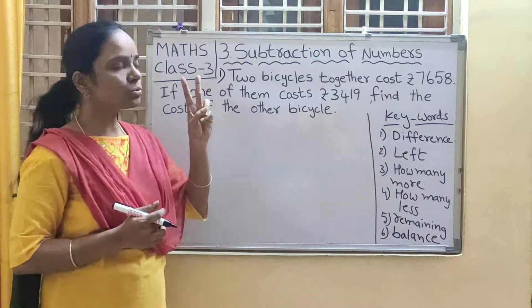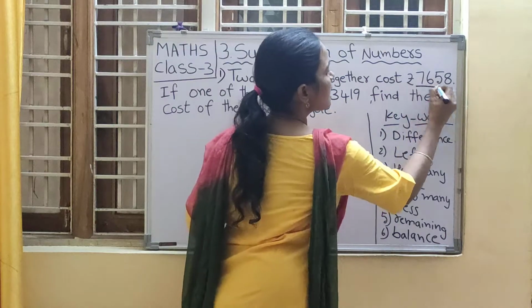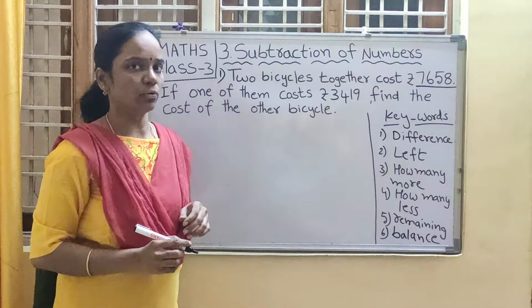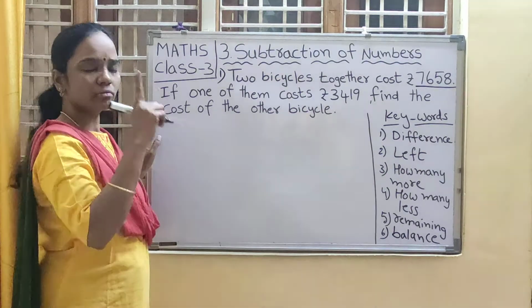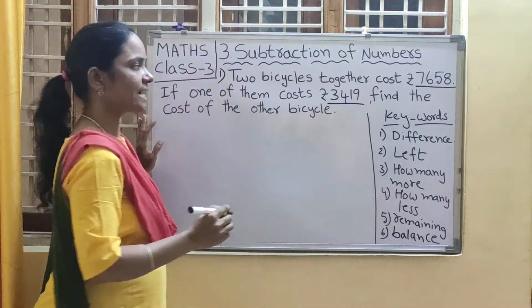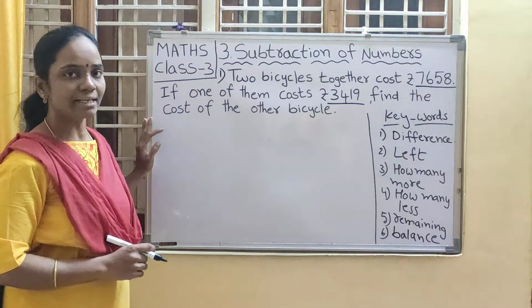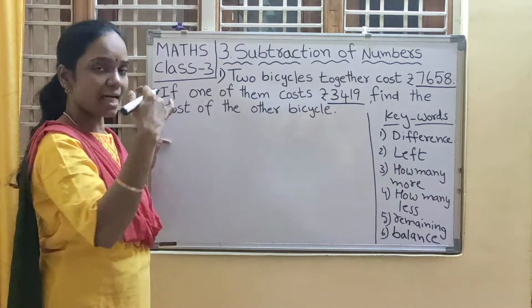There are 2 bicycles. Cost of 2 bicycles is how much? Very good. 7,658 rupees. Cost of one cycle is 3,419. What is the question they are asking? We have to find the cost of the other bicycle.